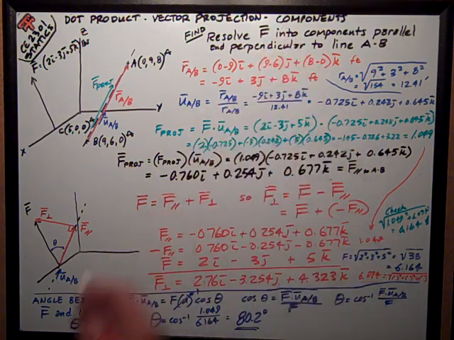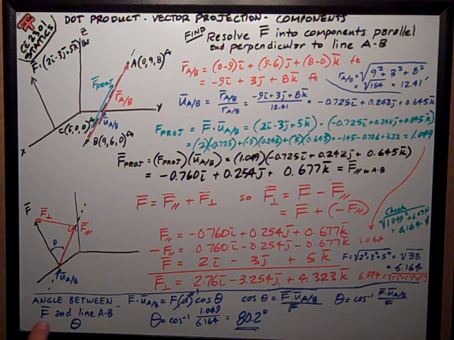Now I didn't ask for it up here, but while we're at it, we may as well illustrate the use of dot products to get the angle between two vectors. So if I want to know the angle between vector F and line AB, it's just the dot product of F with UAB. I've already got that number up here, and that's equal to F, the scalar, times U, which is 1, the length of 1, times cosine theta.